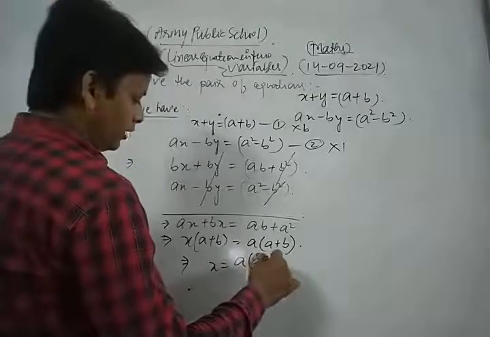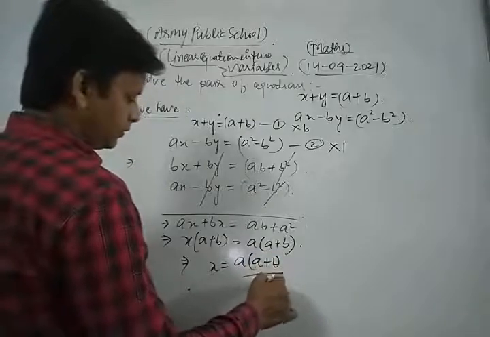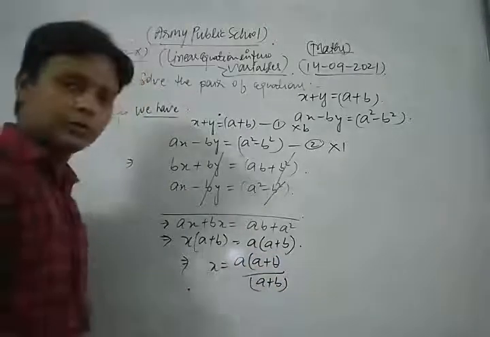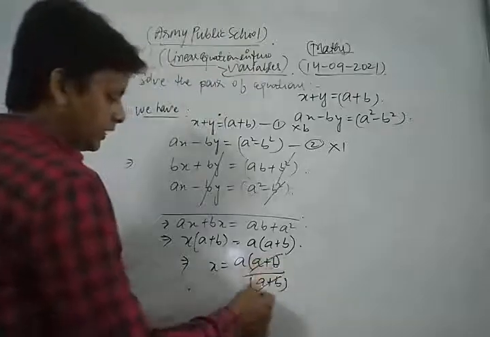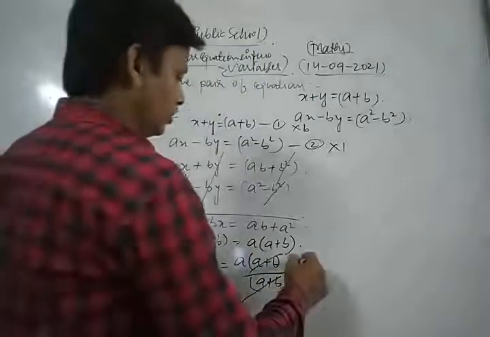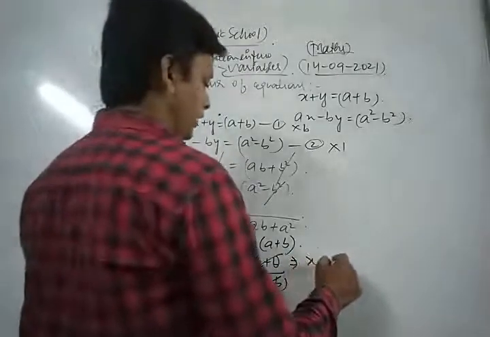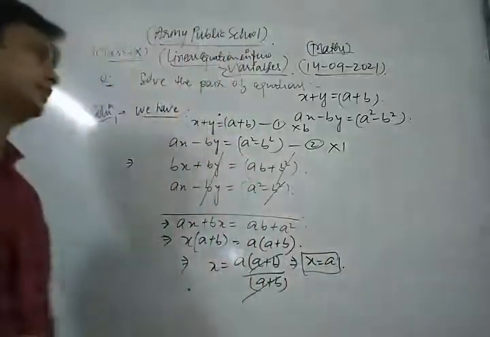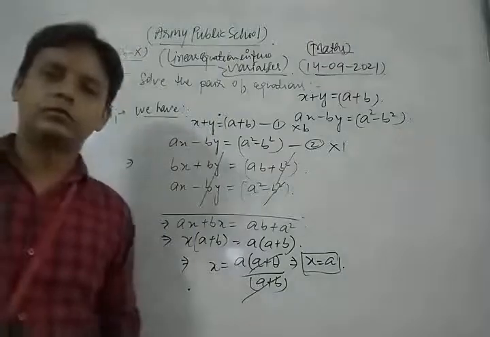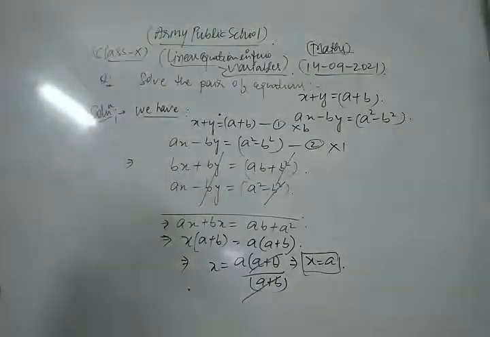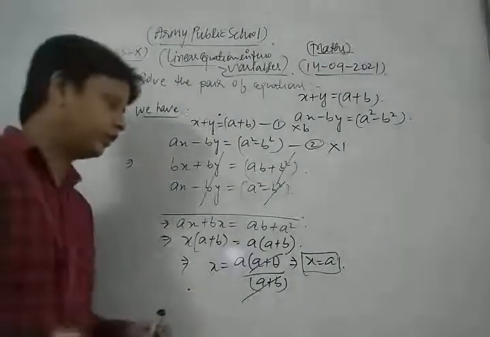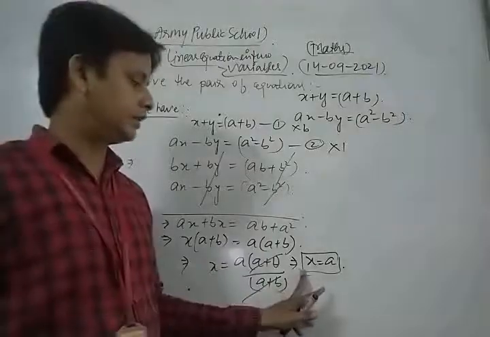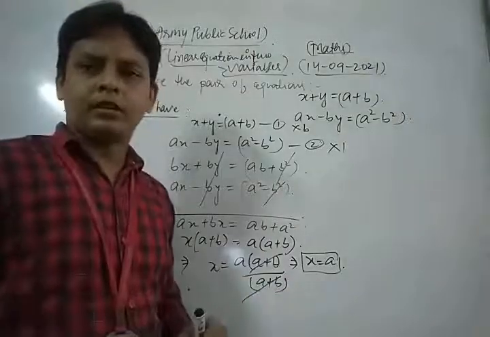Now the value of x is a into a plus b upon a plus b. So a plus b cancels, and the value of x is a. Okay, dear friends, in this way we find the value of x as a.